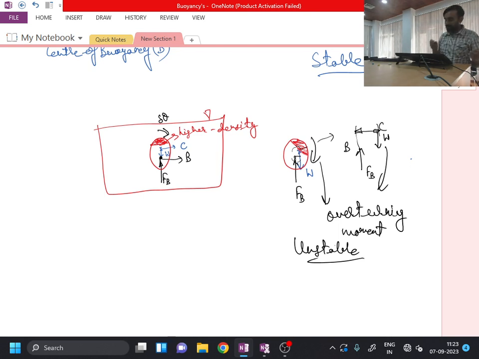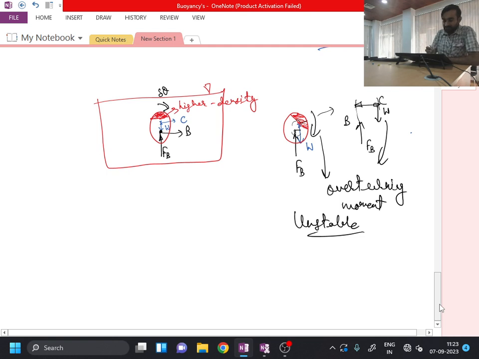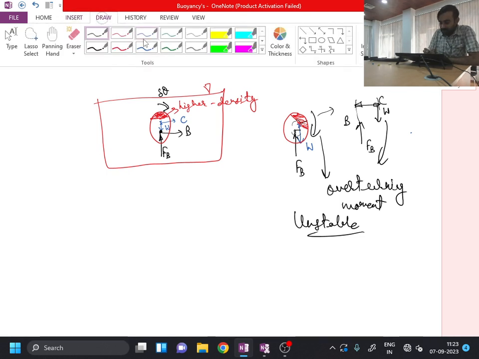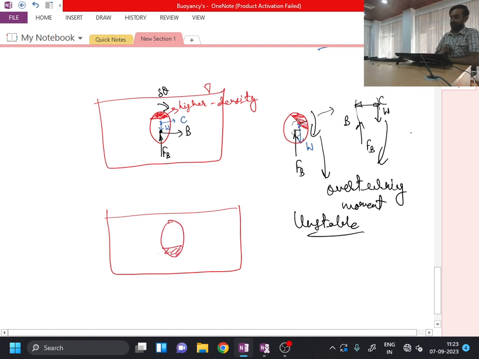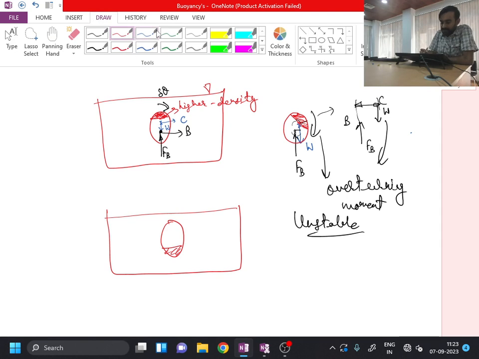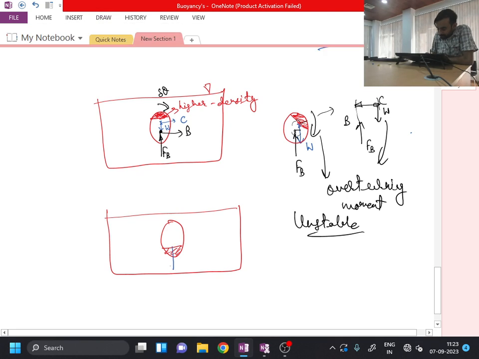On the contrary, if you have a situation where the body is oriented in such a way that its higher density portion is lying near the bottom. Say this was the centroid where weight is acting and this is the center of buoyancy B where the buoyancy force is acting in the upward direction.